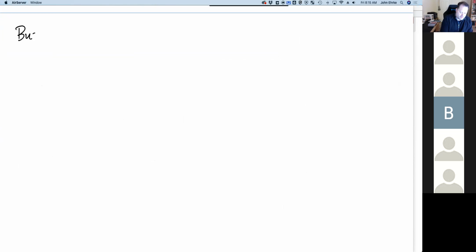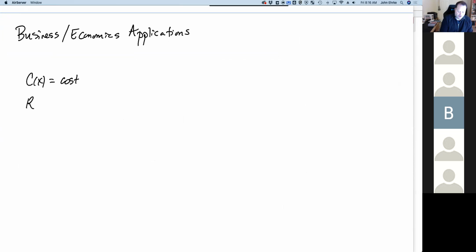Business/economics applications. Now, we've worked with some of these applications already this semester, but we're going to work with several more. So suppose that C of X is cost, R of X is revenue, and capital P of X is profit.